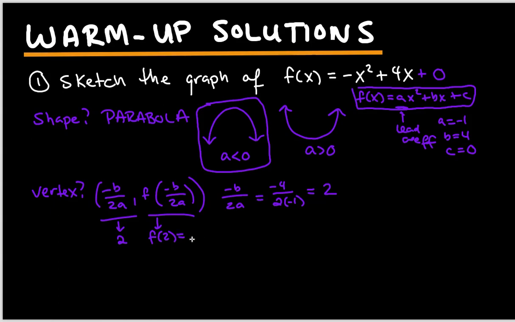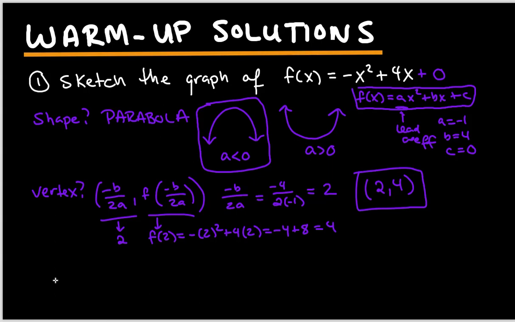And what's f of 2? You got -2 squared plus 4 times 2. So you got -4 plus 8 gives you 4. So the vertex is 2, 4. That's your vertex.